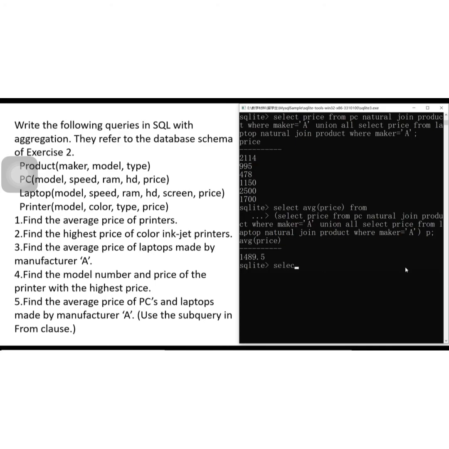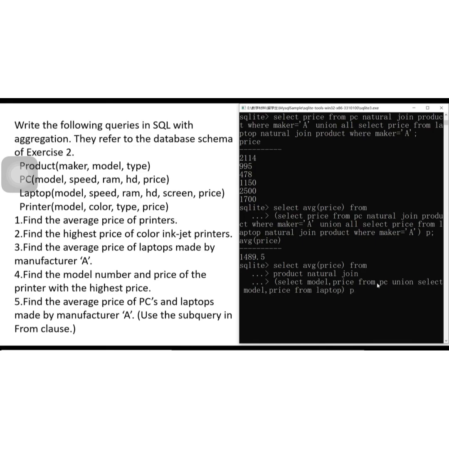Now select AVG price from product natural join the result, select model, price from PC union select model, price from laptop.